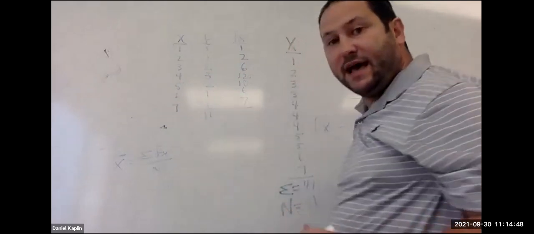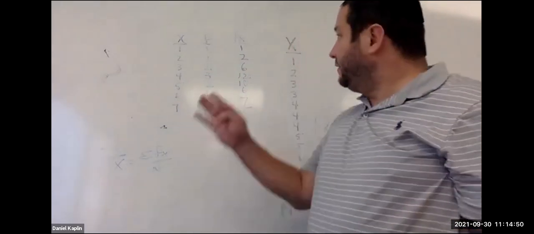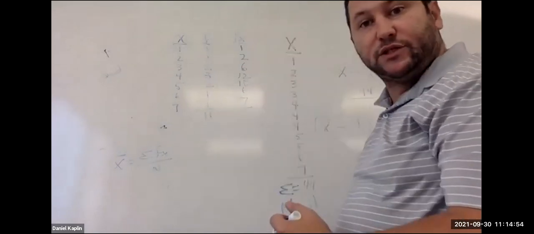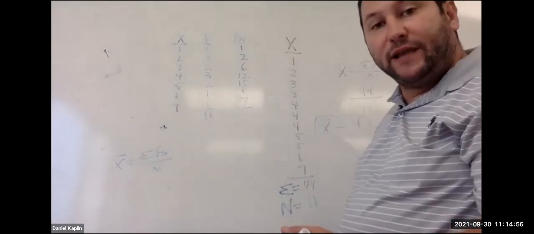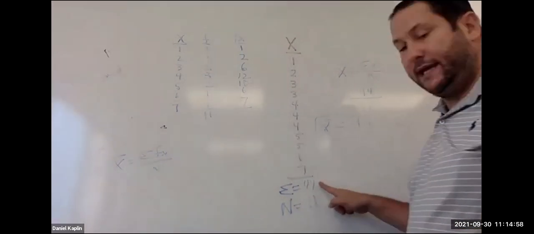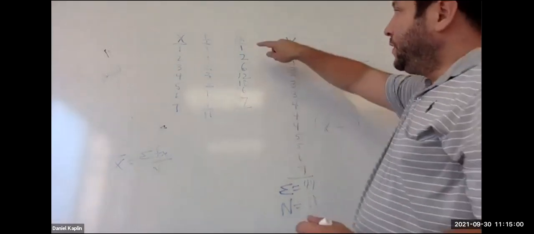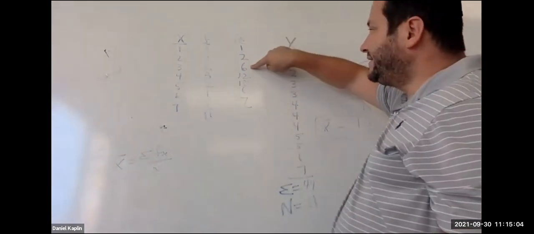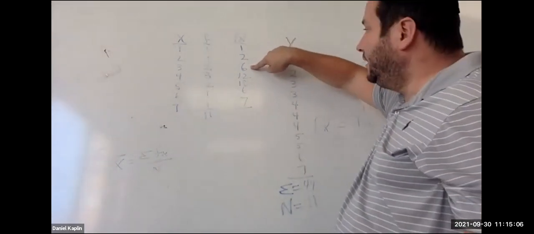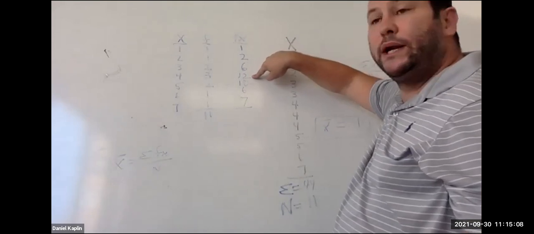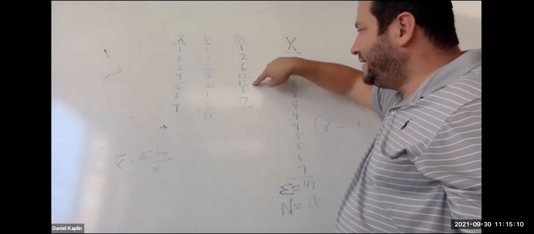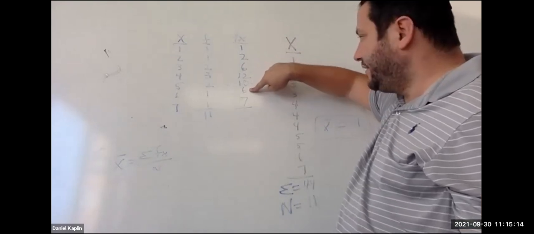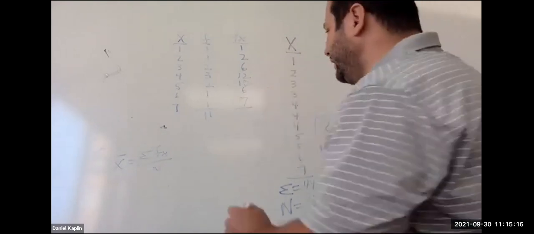Now I'm going to add that up. If the sum of fx is like the original distribution, I should get 44 because that's what I got here, right? So 1 plus 2 is 3, plus 6 is 9, plus 12 is 21, plus 10 is 31, plus 6 is 37, plus 7 is 44.